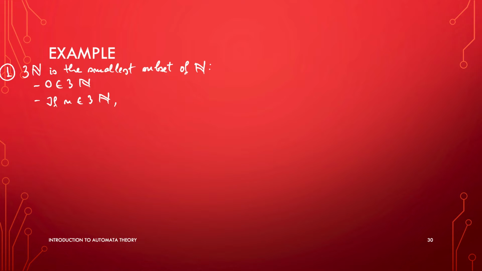In that lecture we defined 3N to be the smallest subset of N for which these two properties hold. On one hand, 0 is in 3N, and on the other hand, if n is in 3N, then n plus 3 is also in 3N.